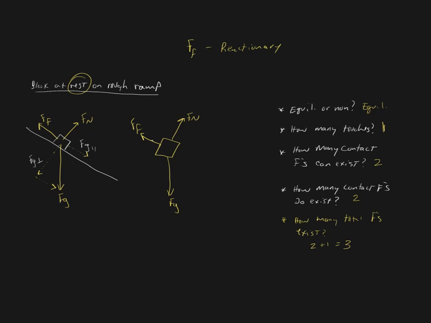So our free body diagram should have a total of 3 forces, and that's what we have. If you drew a diagram that looked like this, where you have the normal force, FG parallel, FG perpendicular, that would be friction.